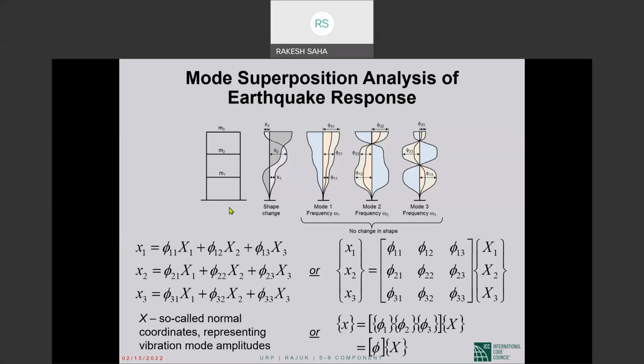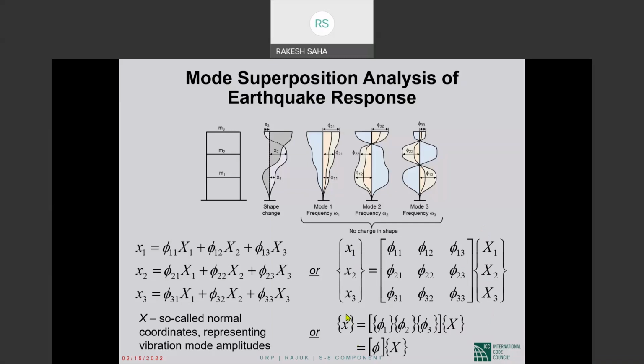So we can write this in matrix notation. The vector of the actual displacements is the mode shape matrix multiplied by the vector of those multipliers, which are called generalized coordinates, the capital X's. Okay.